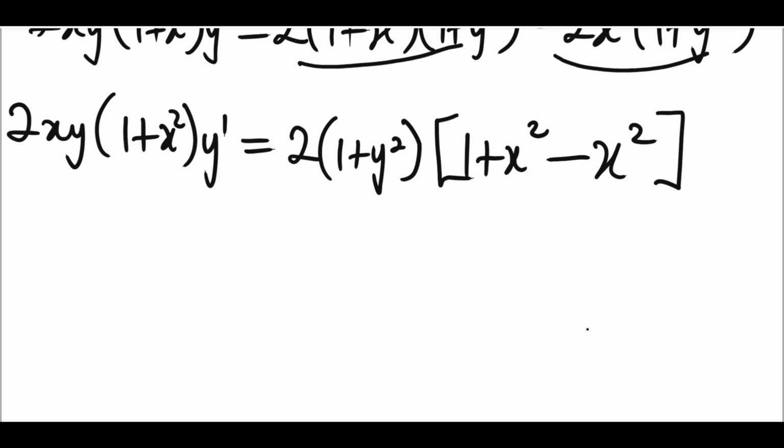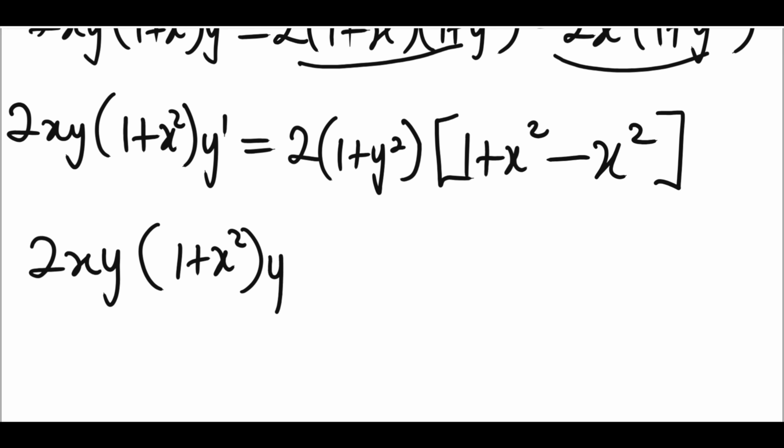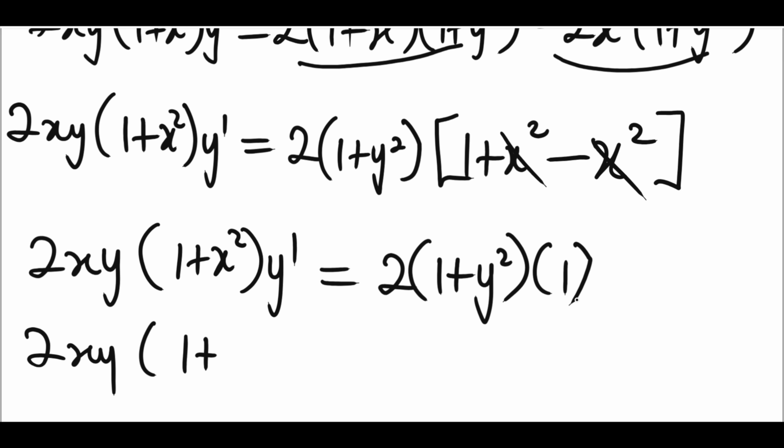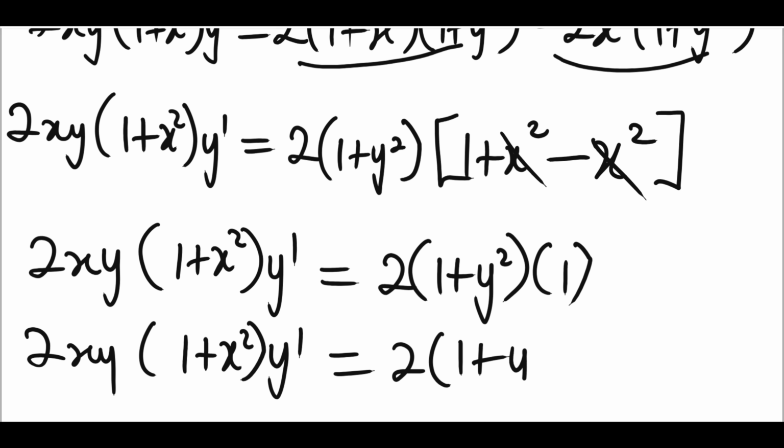So we now have 2xy multiply 1 plus x squared y prime equal to 2 multiplying y plus y squared. Now this cancels this, and you are left with 1 in the bracket. Alright, so we are going to get 2xy multiplying 1 plus x squared y prime equal to 2 multiplying 1 plus y squared in this form nicely.